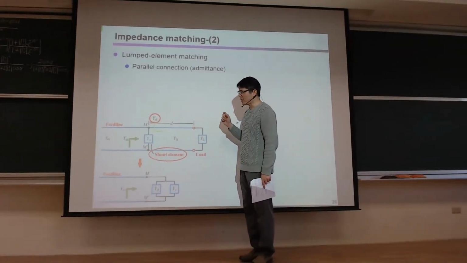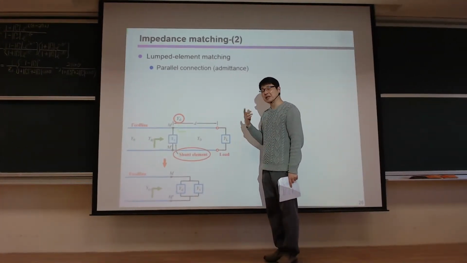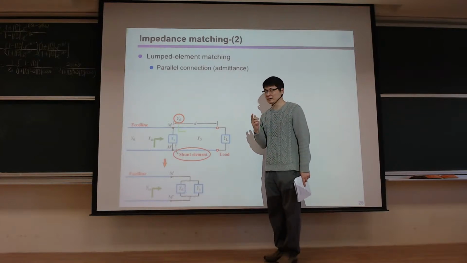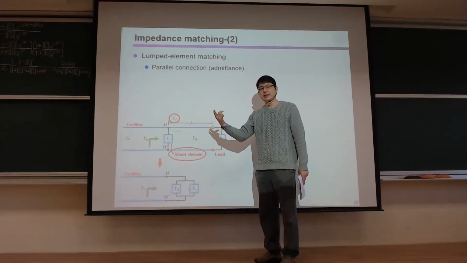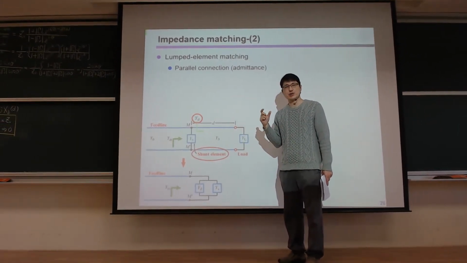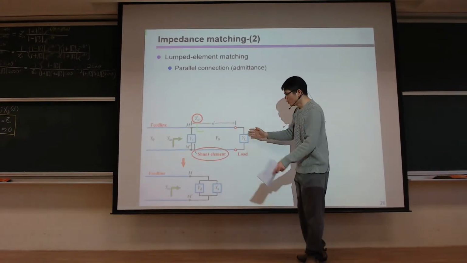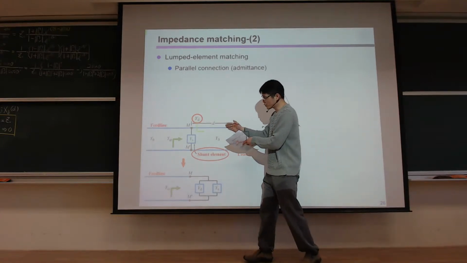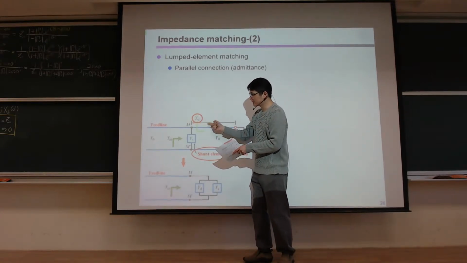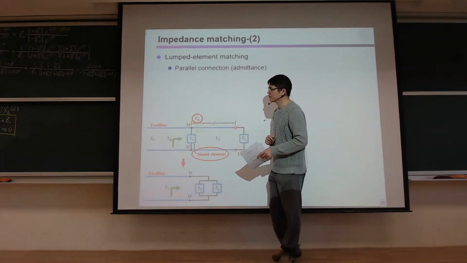Think about how to kill or eliminate, if you don't like the wording kill, how to remove the imaginary part of the wave impedance. We have a load. We have a transmission line with the right distance.